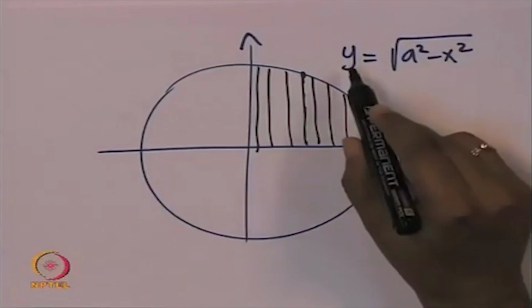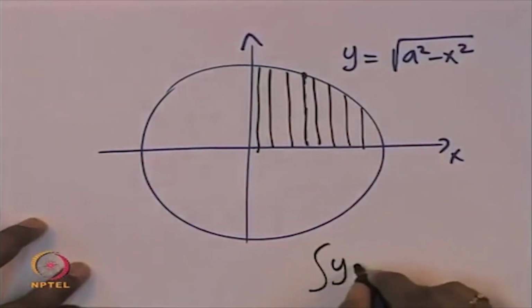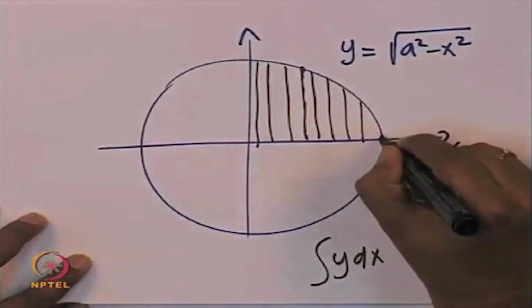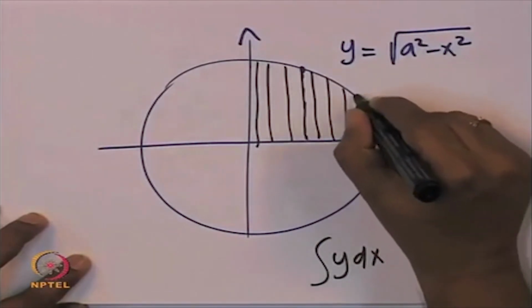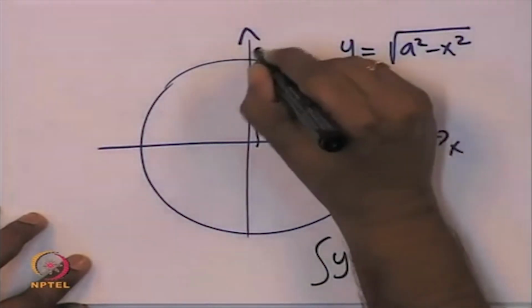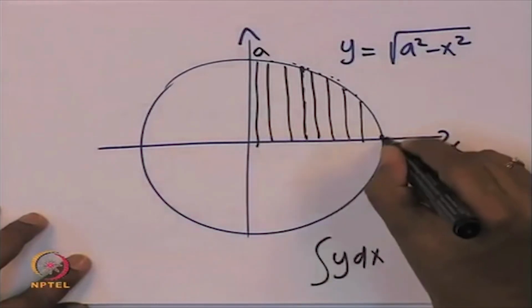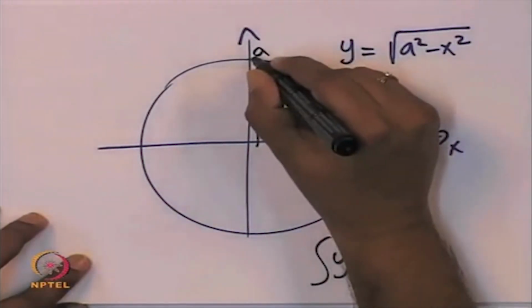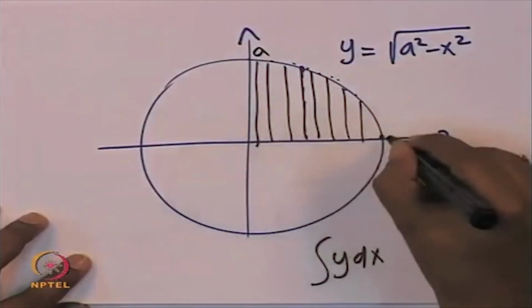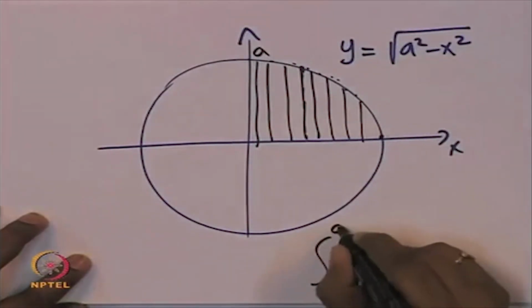So, we know this y, and we can do the integral of y dx from here to here. This is x equal to 0 and this is x equal to a. So, let us integrate this from 0 to a.